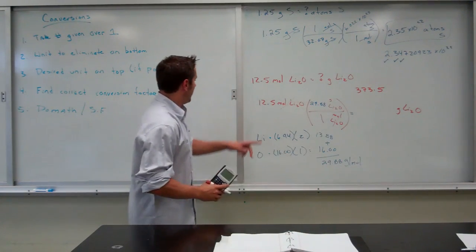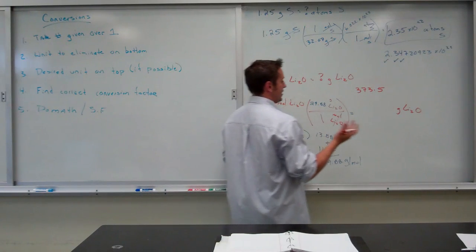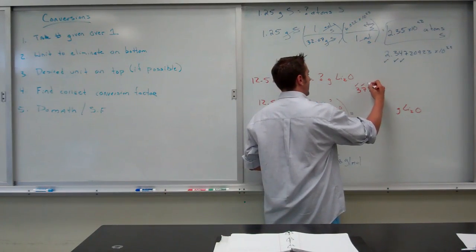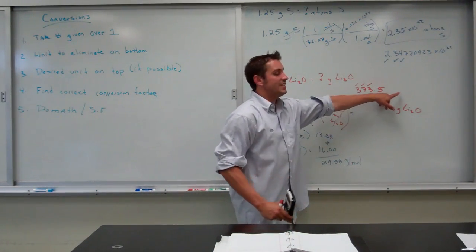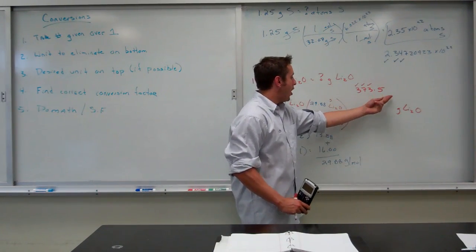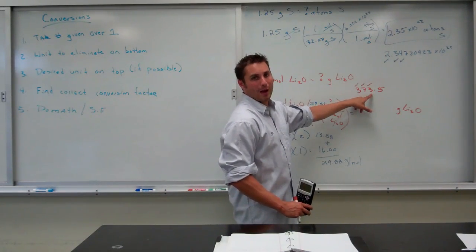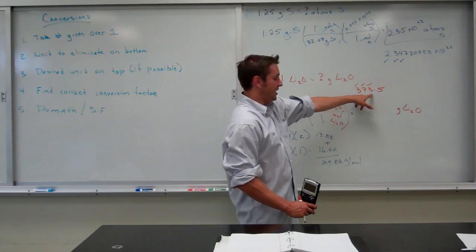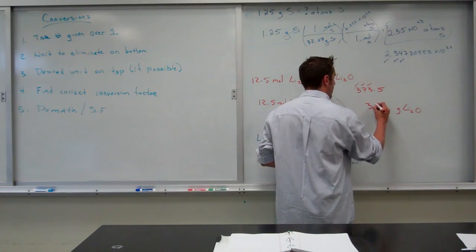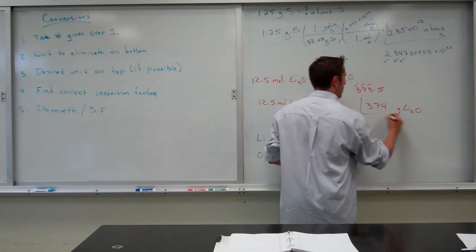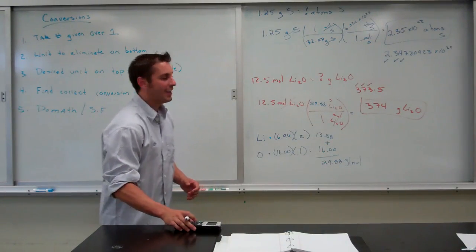And we watch our sig figs. 3 here, 4 here means 3 in my answer. Yes, yes, yes. First number after is a 5, so we check. Is there anything after it? No, which means this has to round to an even number. If it's even, it stays the same. If it's odd, it rounds up. So we would say we have 374 grams of Li2O.